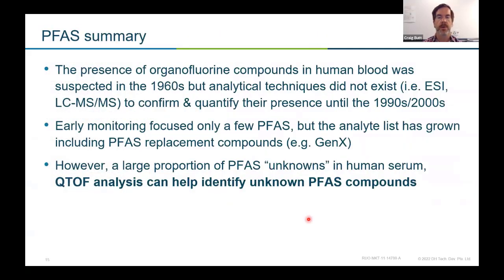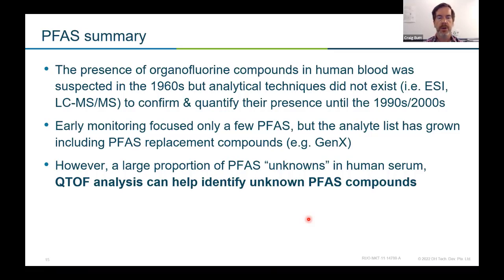Okay, so just kind of a summary as I see it, and specifically related to serum analysis. Really it was suspected back in the late 60s that PFAS were in our tissues. But we didn't have the specific analytical techniques to really confirm and even measure what's there until really the early 2000s.